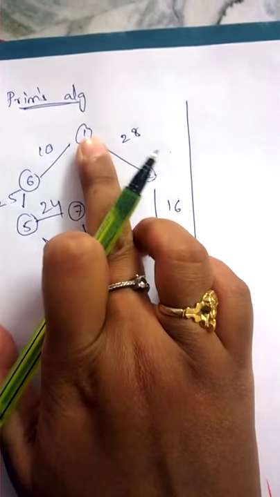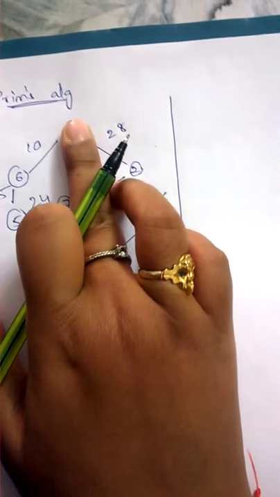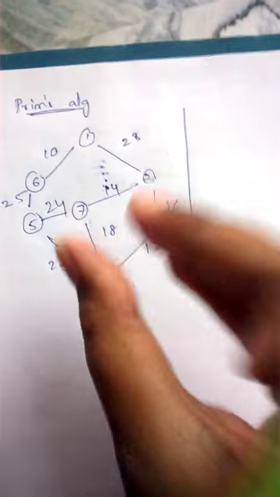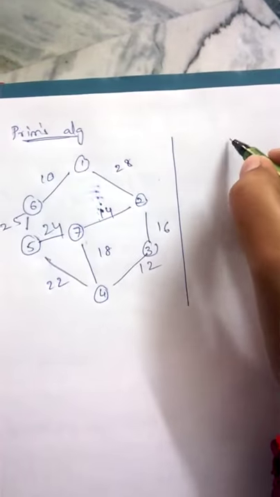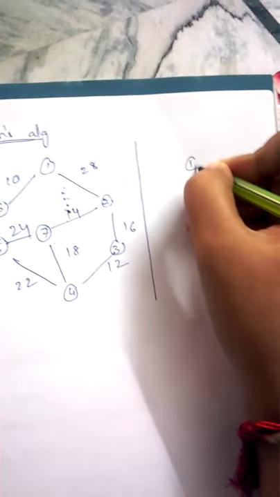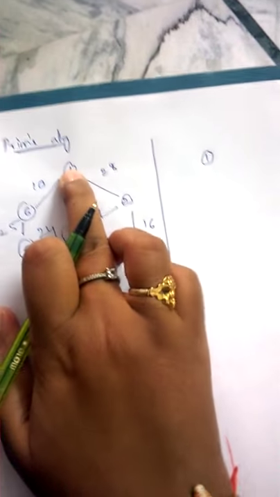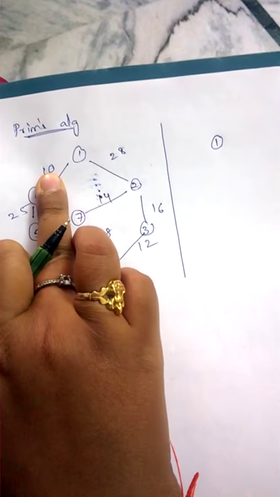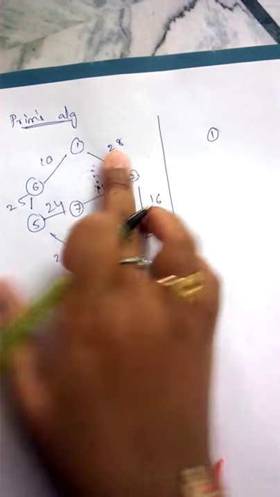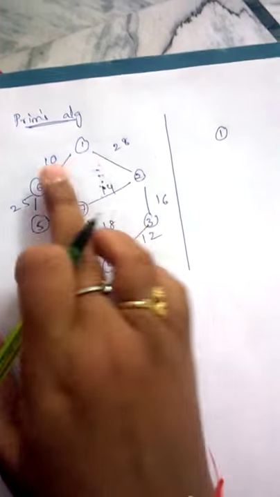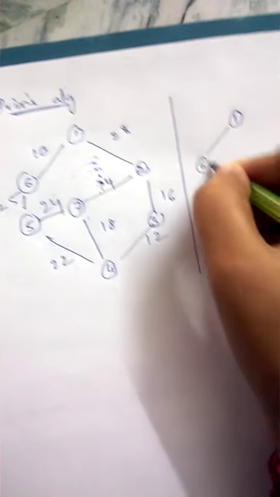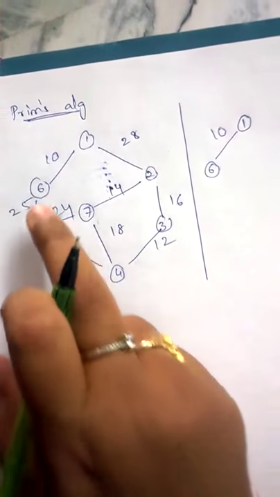Now you have to connect all the edges and vertices from 1 to 7 considering the shortest path in Prim's algorithm. For example, first 1. From 1 you have two paths. This is the shortest path because the length is only 10, but here it is 28, which is very long. So consider this and draw it.